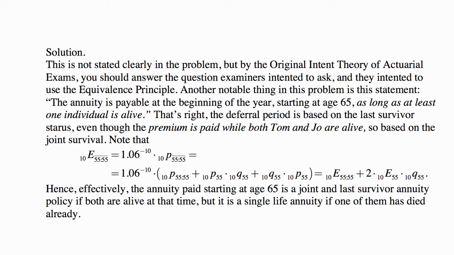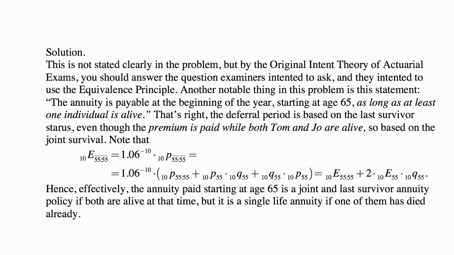It would be 1.06 to the negative 10 times the probability of the last survivor status surviving 10 years. And that happens if both of them survive, or one dies and the other one survives, or that other one dies and the first one survives.